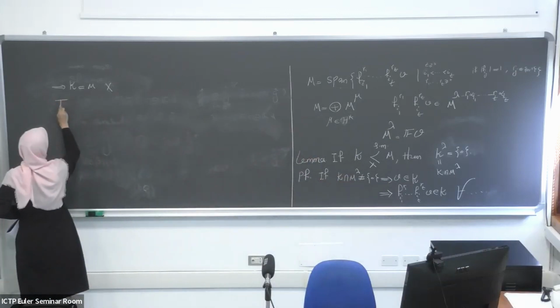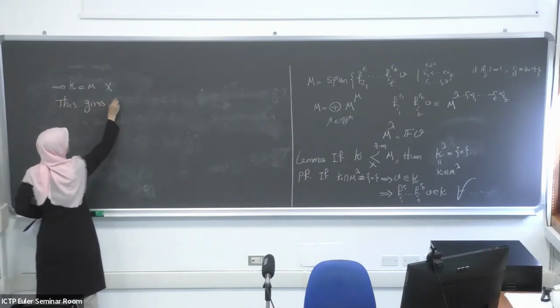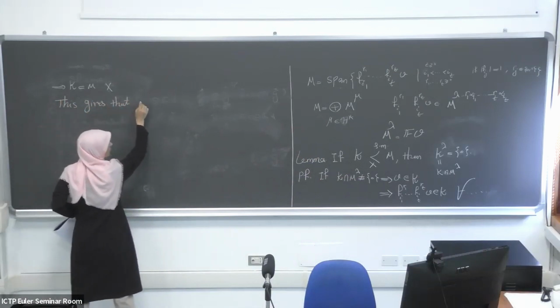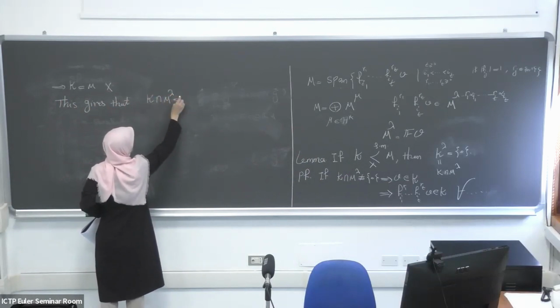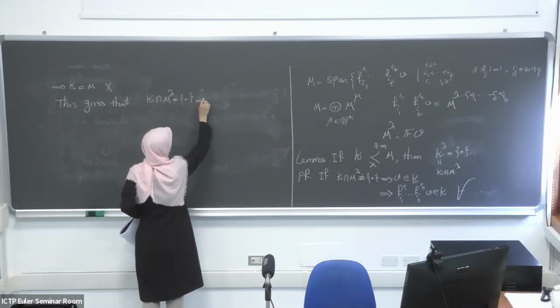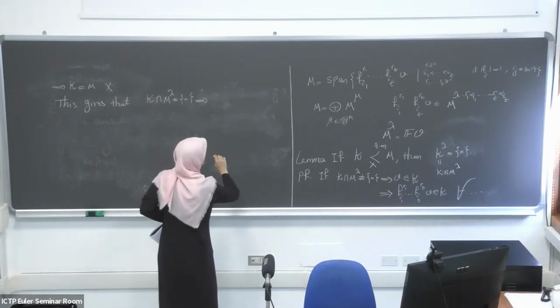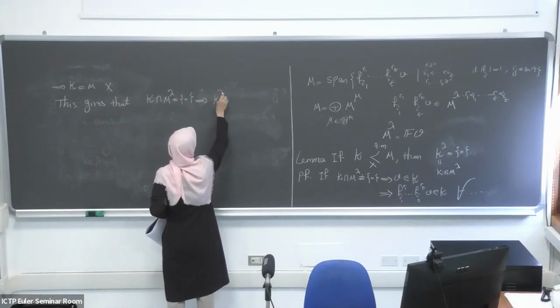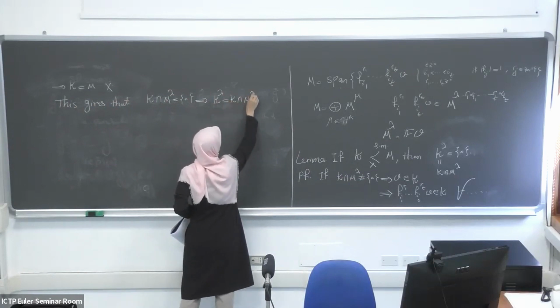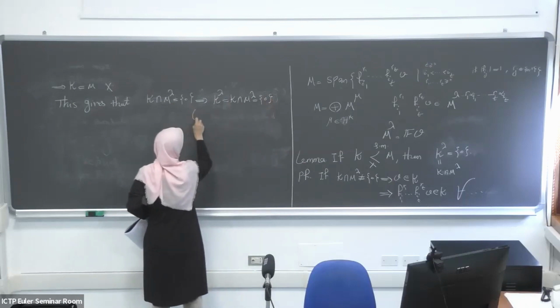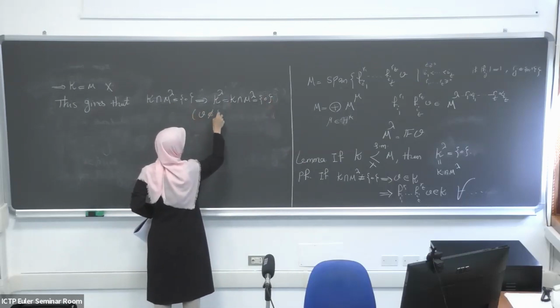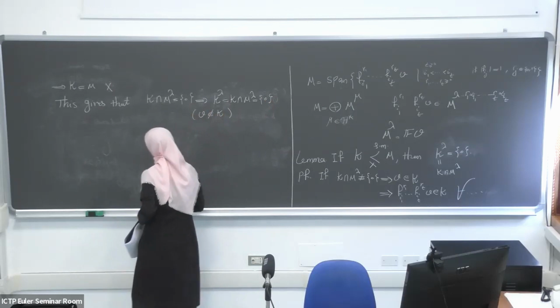This gives that K intersection M lambda is 0, and then K lambda, which is K intersection M lambda, is 0. In fact, V is not an element of K.